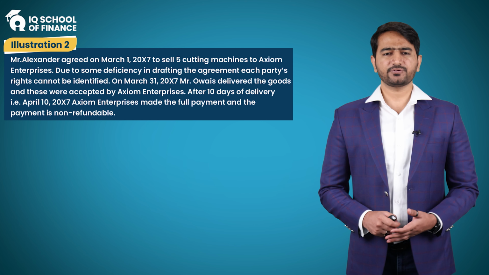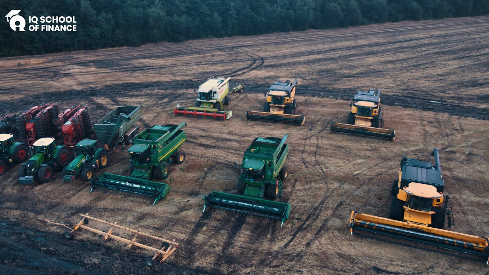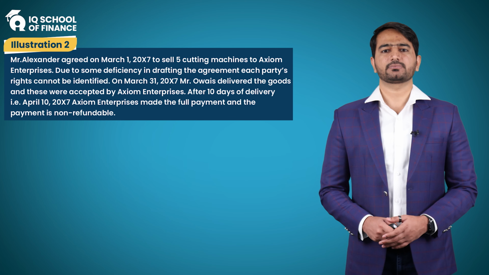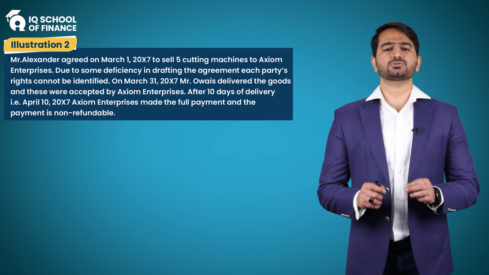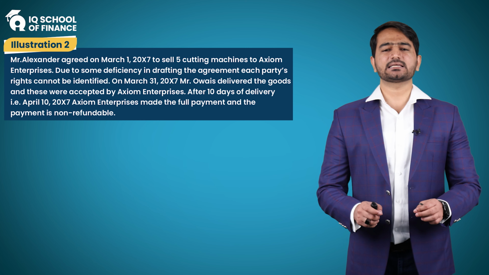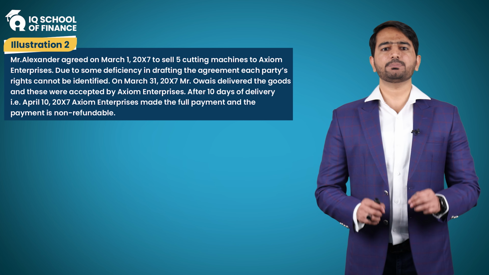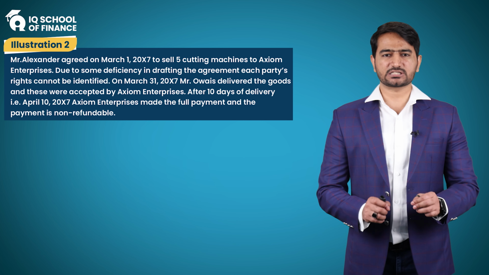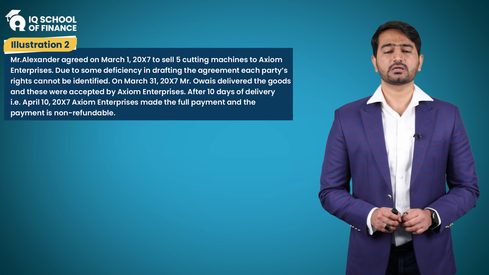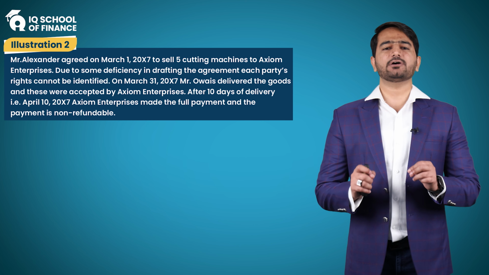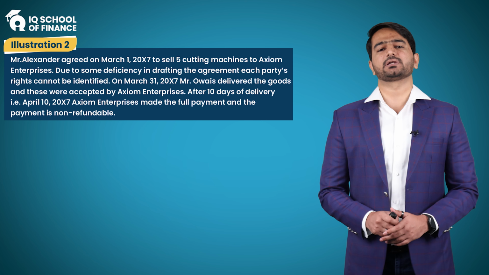Now, on 31st March, Mr. Alexander delivers the machines to Exim Enterprises and Exim Enterprises accepted those machines. This means that on 31st March 2007, Mr. Alexander has fulfilled his obligation under the contract. Even though the performance obligation of the contract has been satisfied on this date, that is 31st March, we cannot recognize revenue on this date because the criteria for the contract were not fulfilled.